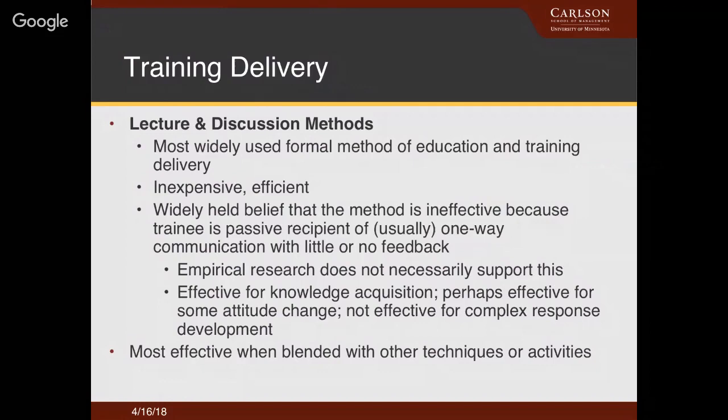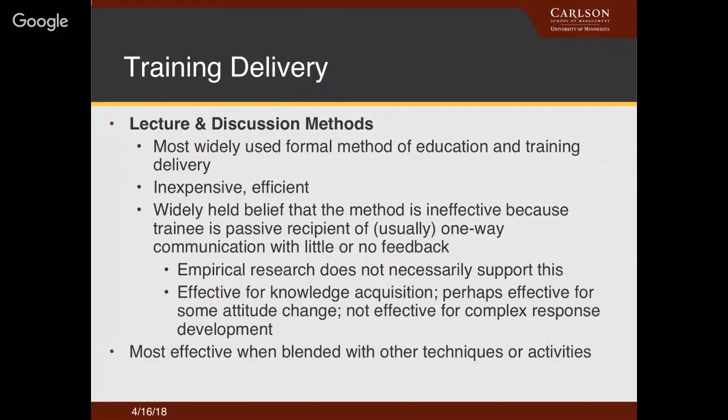There's definitely a widely held belief that the method is ineffective because the trainee is a passive recipient of what is usually one-way communication with little or no feedback. Empirical research does not necessarily support this idea.